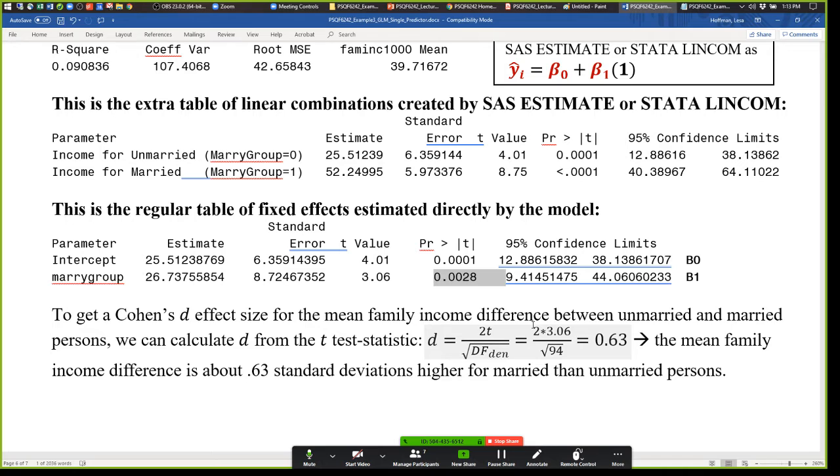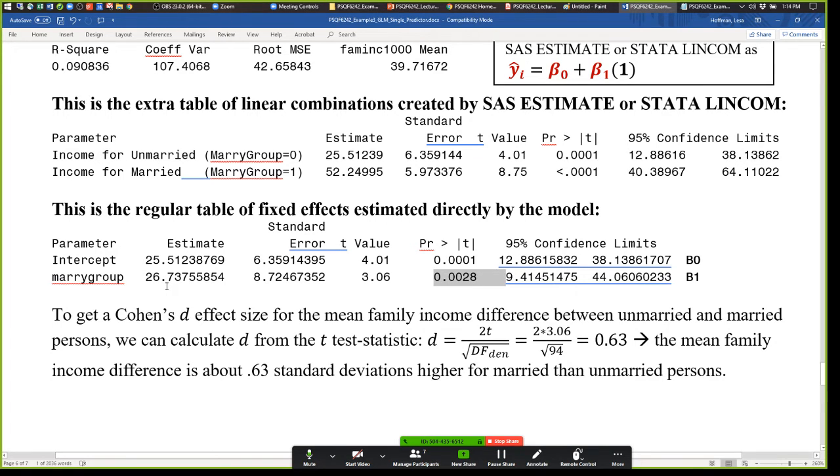Now the higher versus lower part shows up in one of 2 places. 26 is a positive number. So the 1 group makes $26,000 more than the 0 group. The 0 group makes $25,000. The 1 group makes $26,000 more, significantly more.